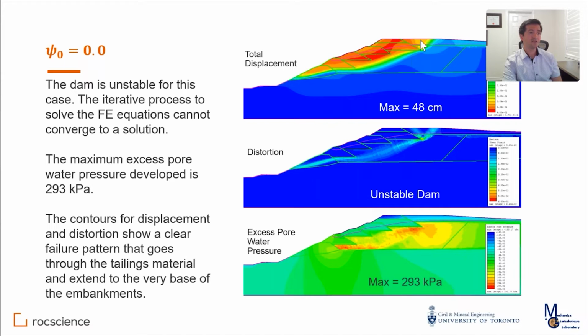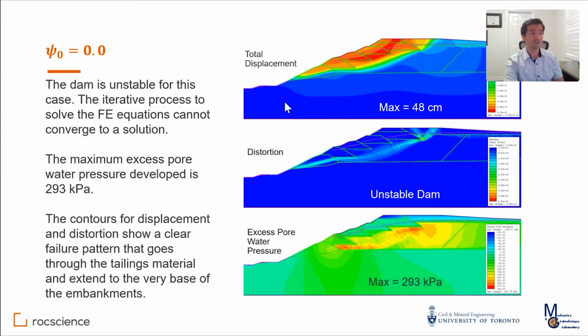You can clearly see the pattern of failure in the total displacement contour, and also you can see the shear band through the contours of distortion that I'm showing you here. In this example, because we had higher generation of excess pore water pressure, this one is 293, we observed that this model with this initial state parameter failed, it's not stable.